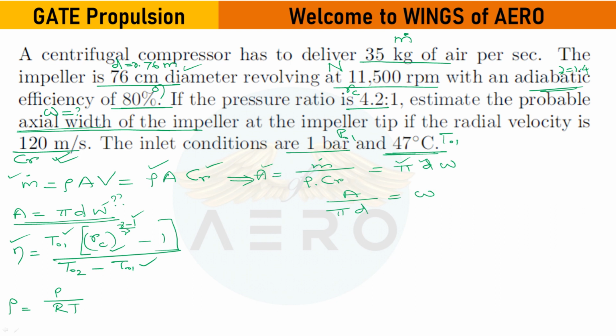P naught 1 by R T naught 1, or P naught 2 by R T naught 2? Which condition will you use? You can unmute and say.